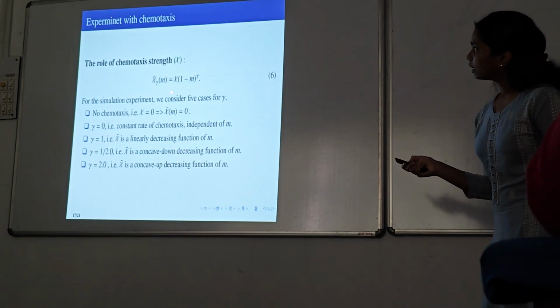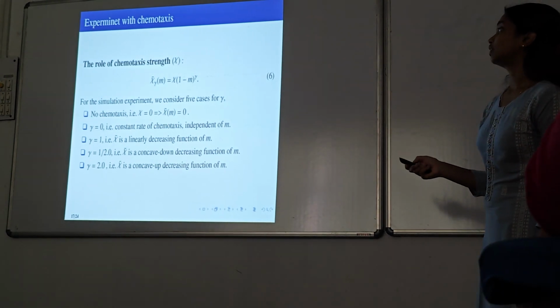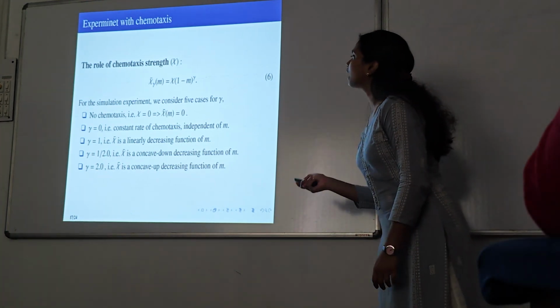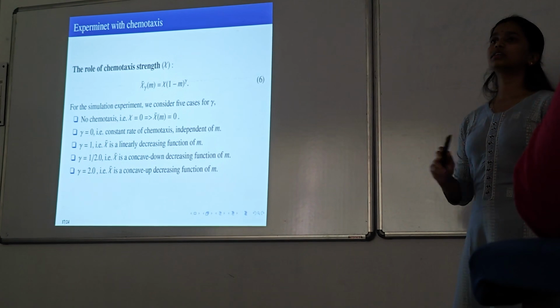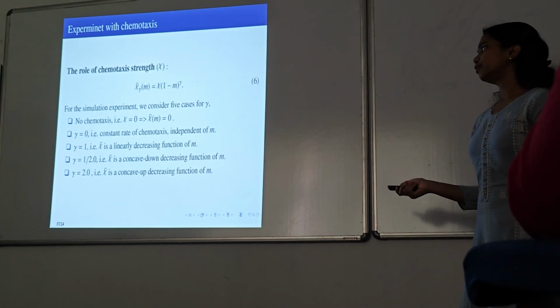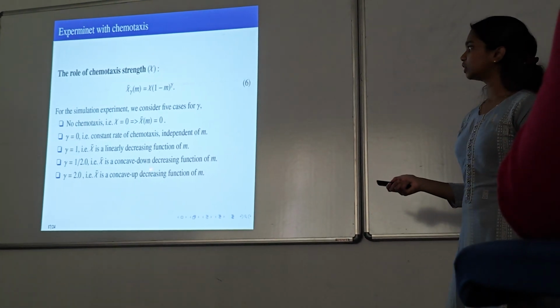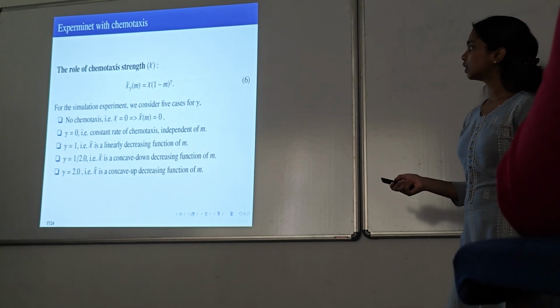When chi is 0, there is no chemotaxis. When gamma is 0, we see a constant rate of chemotaxis. For 1, it is a linearly decreasing function. For half, it's concave downward. For 2, it's concave upward.